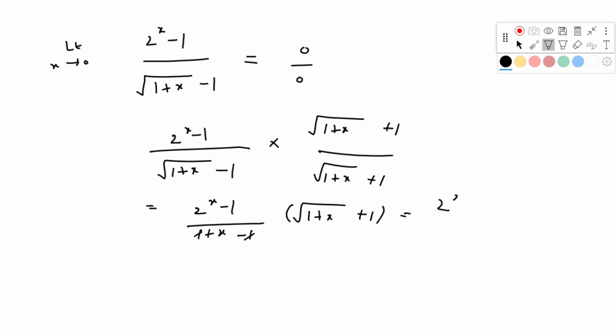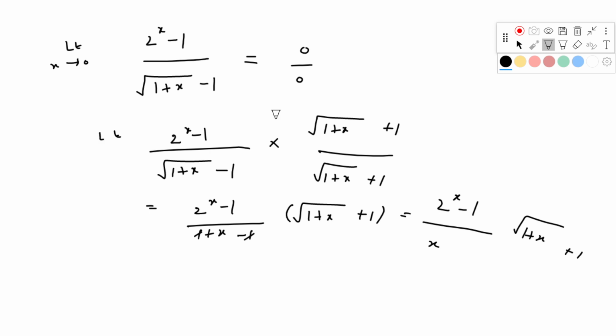What you will get: 2 power x minus 1 over x, and root over 1 plus x plus 1, right? You have to apply the limit for this and this also, because the limit is just continuing like this.